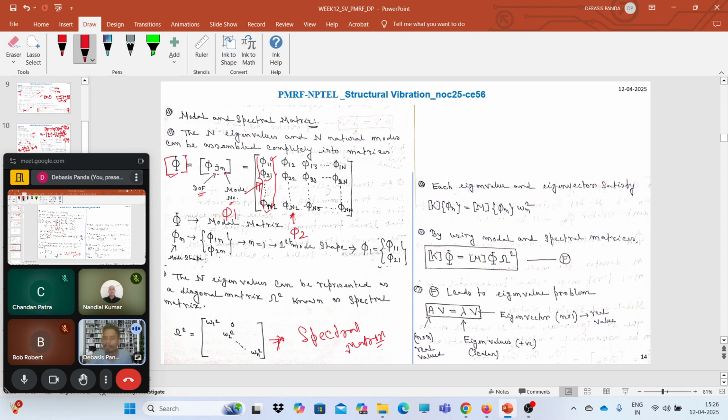In the spectral matrix, all the diagonal components denote the natural frequencies of the structure, right? So if the spectral matrix of a 3-DOF system is given like this, what should be the natural frequency of this system? For a 1 mark question, it will be easy.